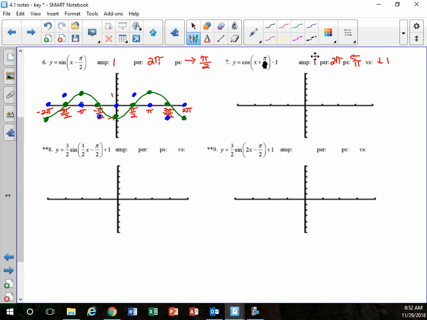Okay, so labels on my x-axis, what are they going to be? Yep, regular ones, yeah.